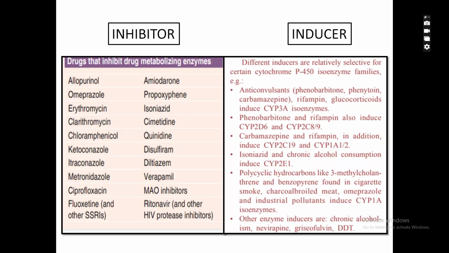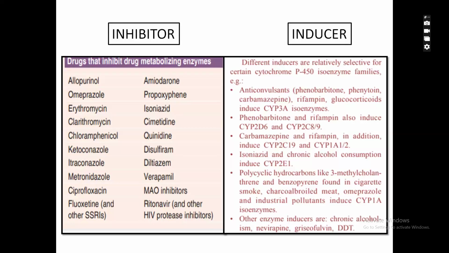Next day, the INR comes to be 6. You may think the patient is on warfarin, so obviously the INR can go to 6. But I will say the patient was on warfarin for the last 2 years, and not once did the INR climb up. Why did the INR suddenly climb up now? Because you have given a drug which is inhibiting the metabolizing enzymes, and that is clarithromycin.